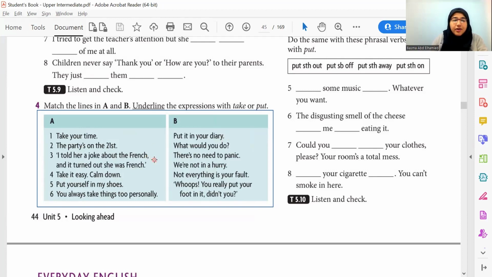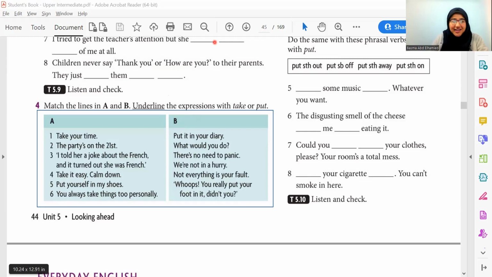Number 3, I told her a joke about the French and it turned out she was French. Oops, you really put your foot in it, didn't you? So to put your foot in it means to say something by accident which embarrasses or upsets someone.